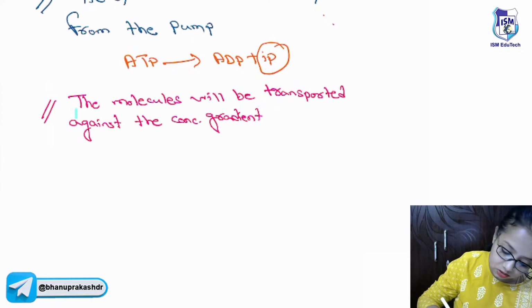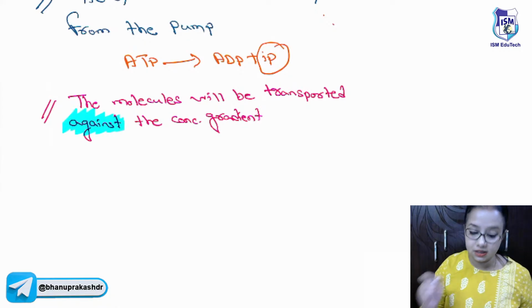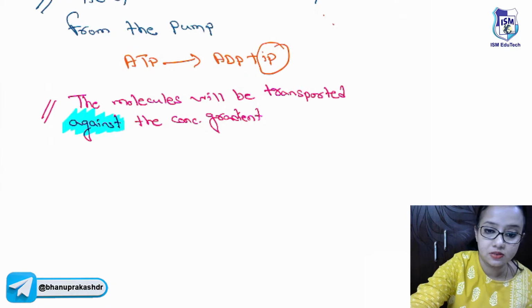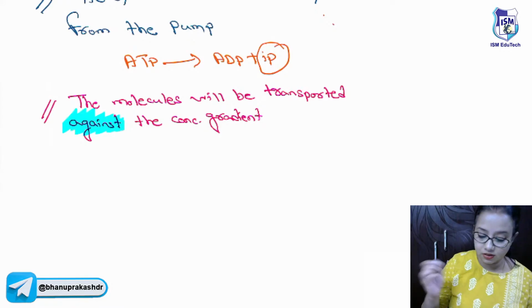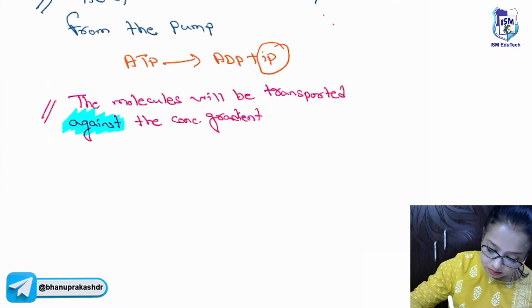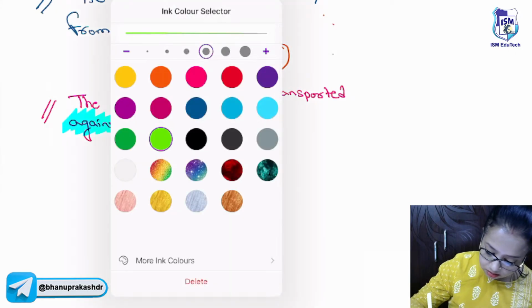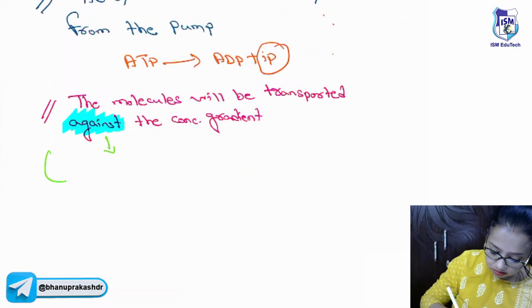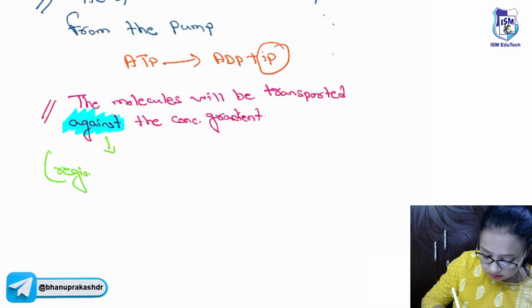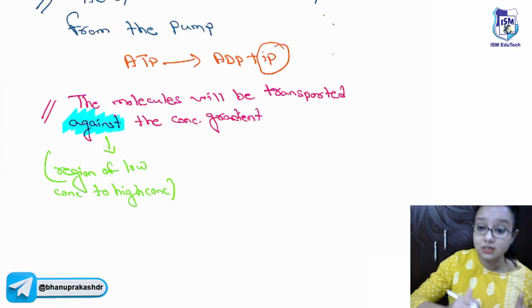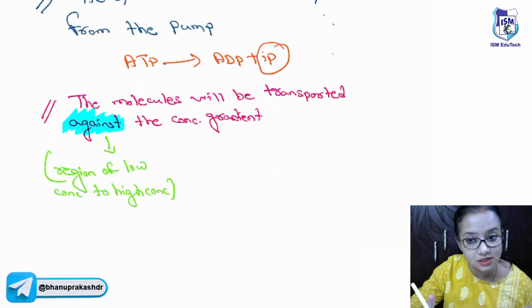Let's emphasize the term against. Here, what does against mean? Against means from a region of lower concentration to a region of higher concentration, which is just the opposite of diffusion that we studied.